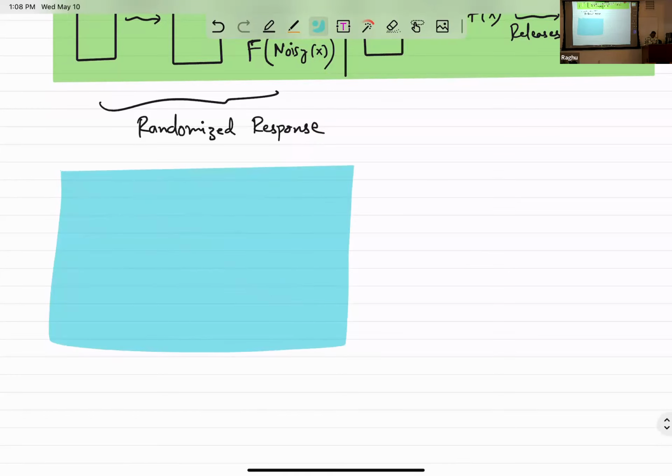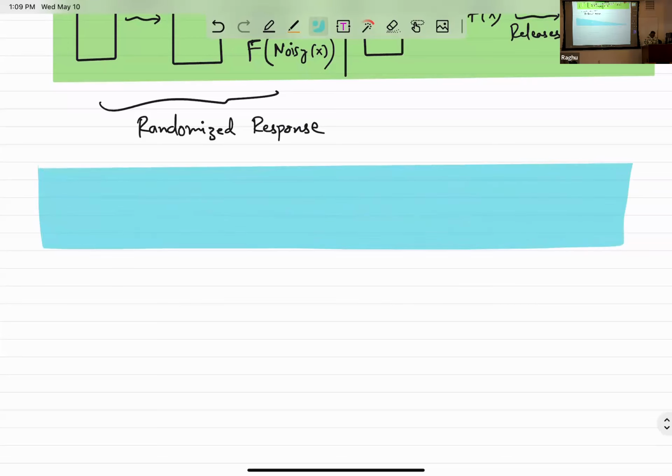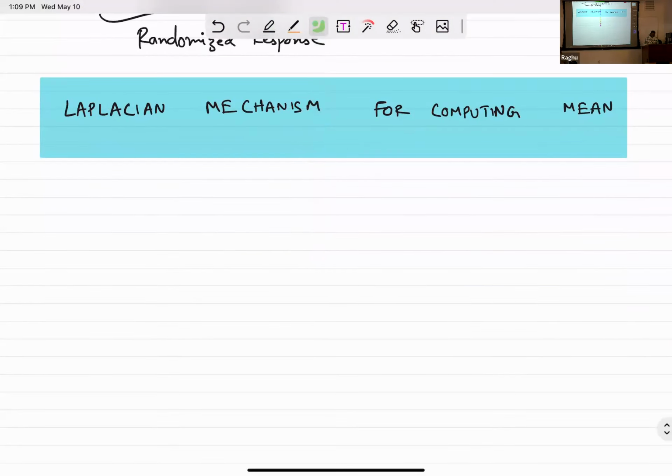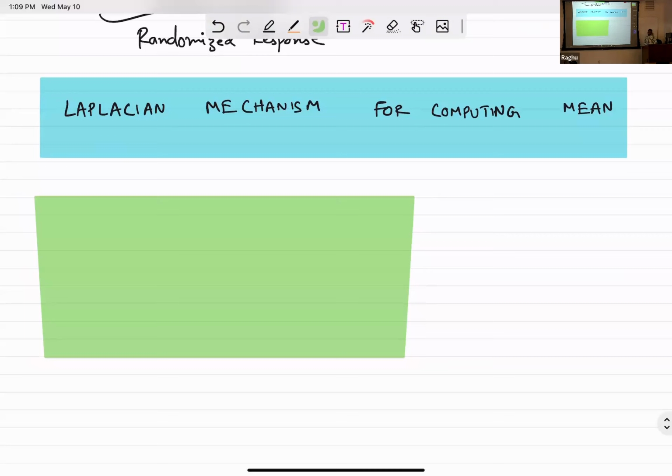This will lead to what is called the Laplacian mechanism for computing the mean.